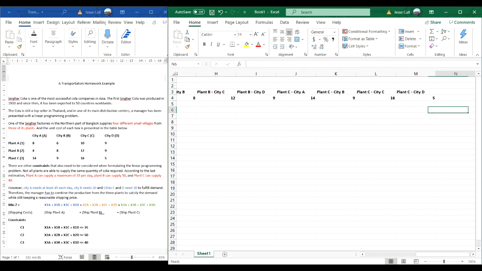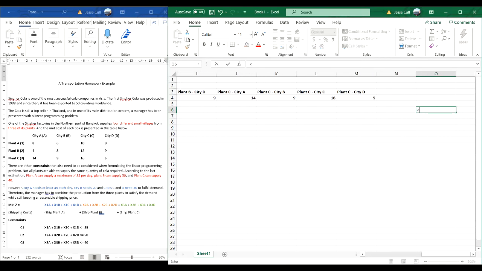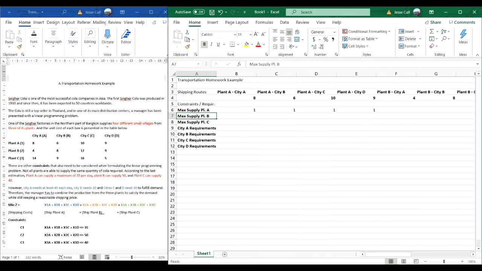must be less than or equal to the 35 they can produce. That's what we've done here. So we'll label this constraint supply. We do the same thing here.